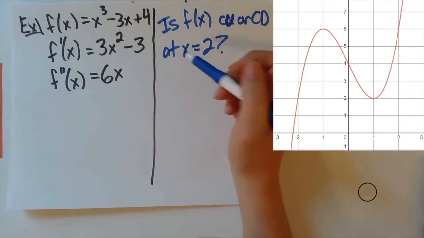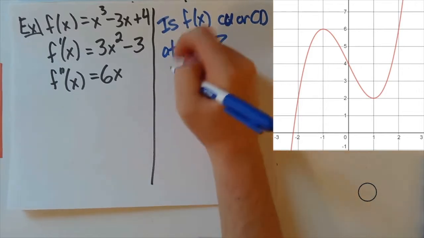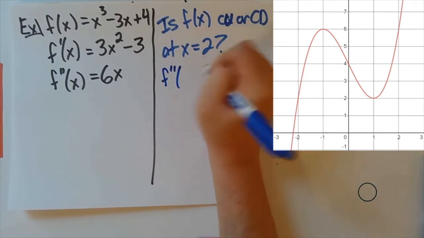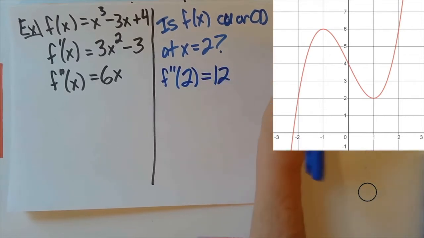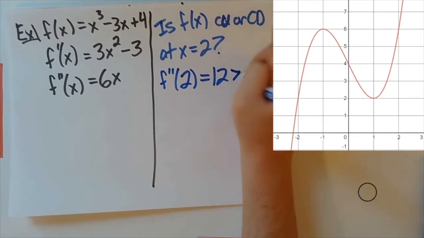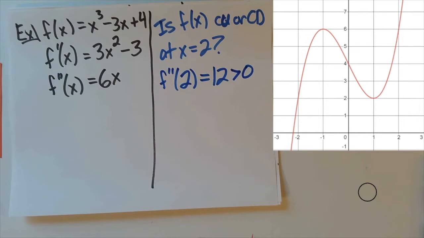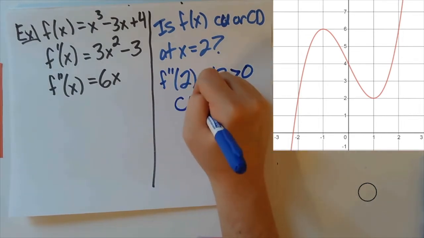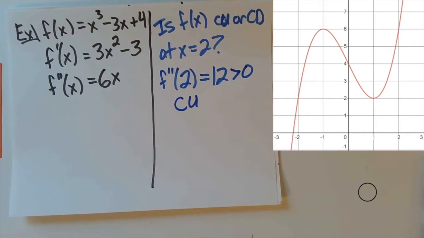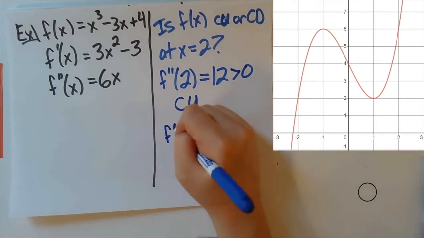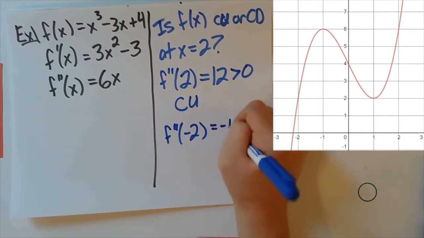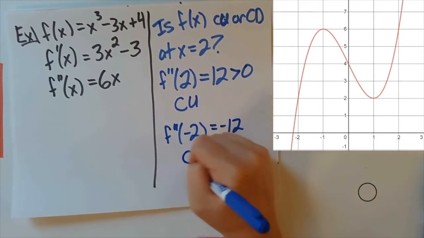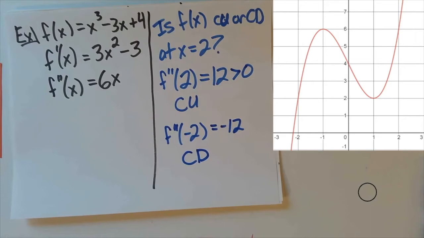But we can now do that algebraically, because I can put 2 into the second derivative and get 12. And that's positive. And remember, positive second derivative means concave up. Likewise, if you picked, say, minus 2, f double prime of minus 2 would be minus 12. And so there it is concave down.